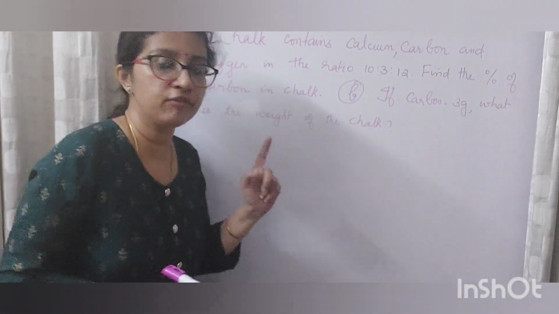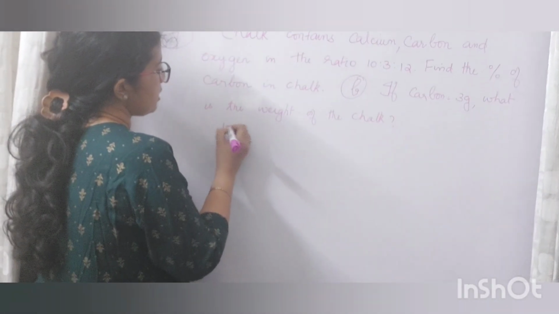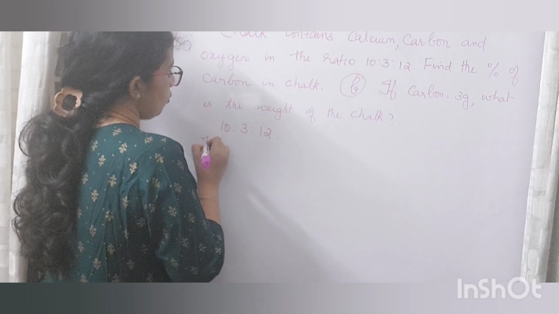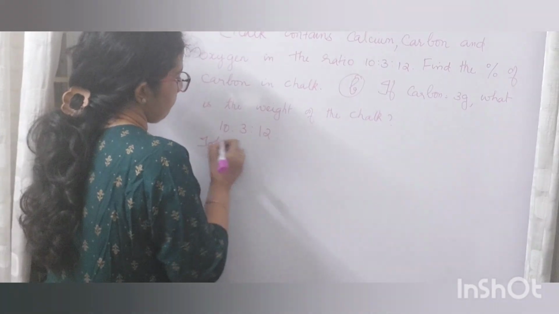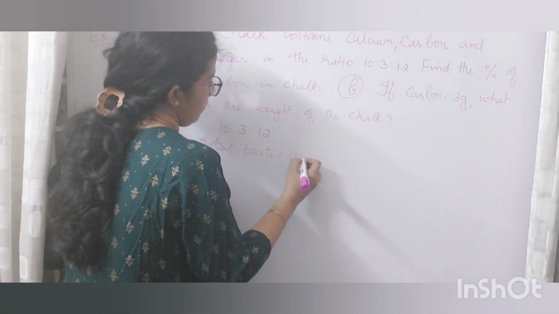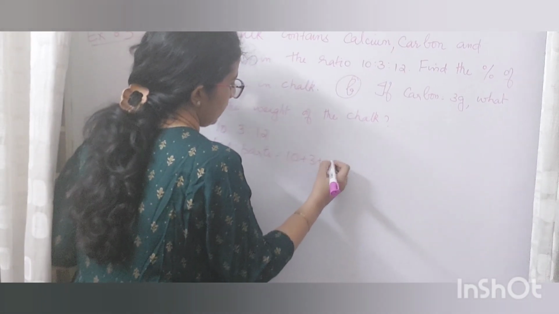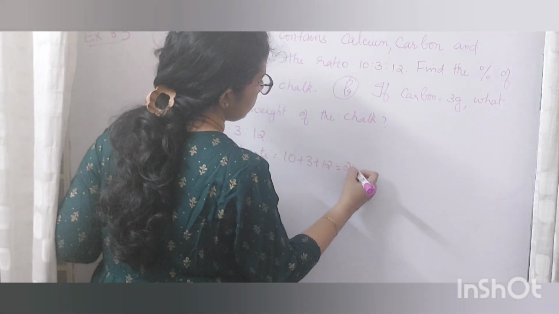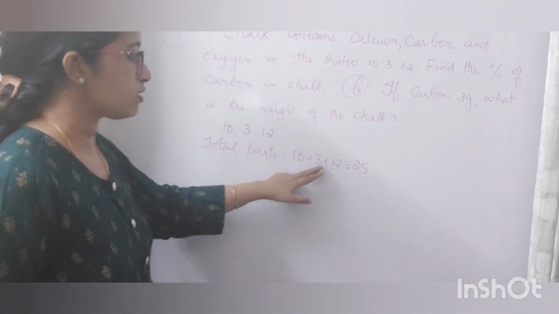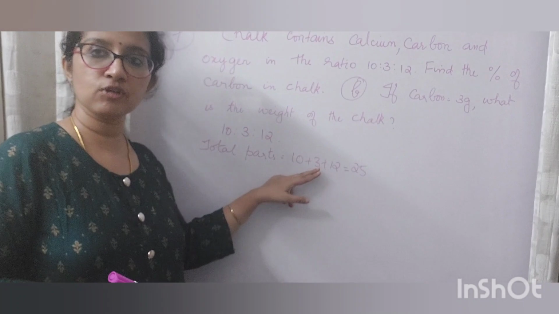So how did we do it? What is the ratio? 10:3:12. So total parts is equal to 10 plus 3 plus 12, which is equal to 25. Now we have to find the percentage of this 3. 3 corresponds to carbon.